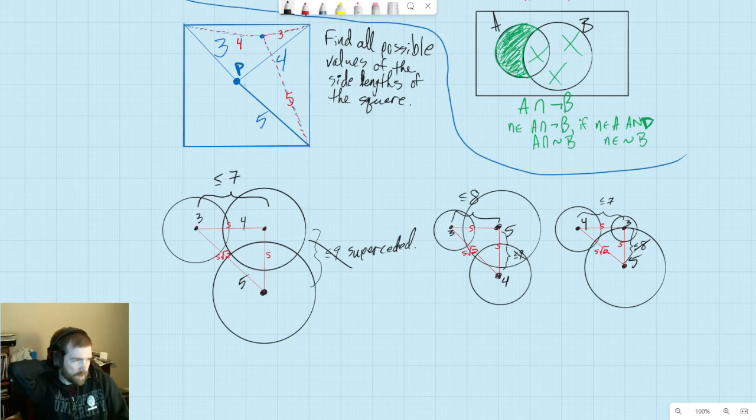And then P can be anywhere inside the square.